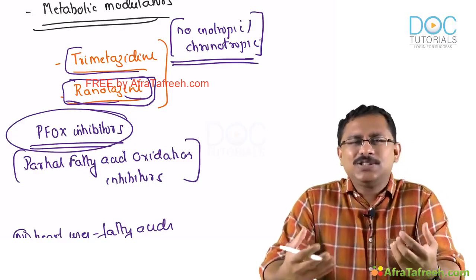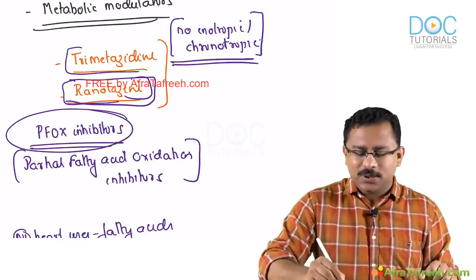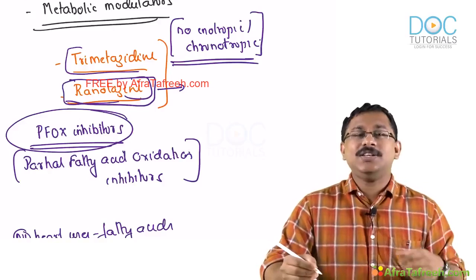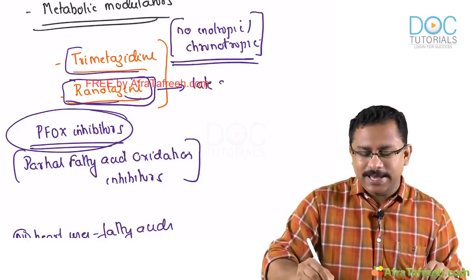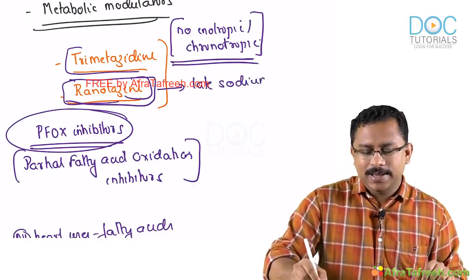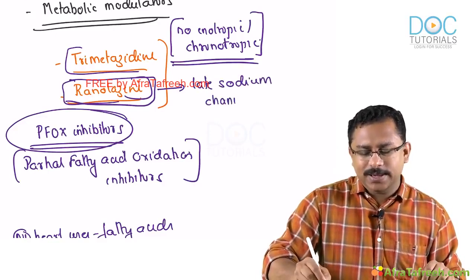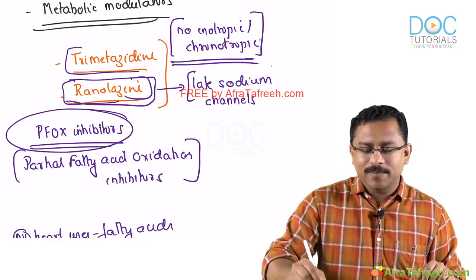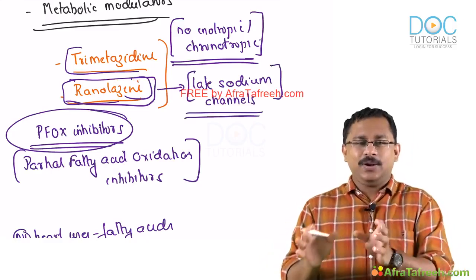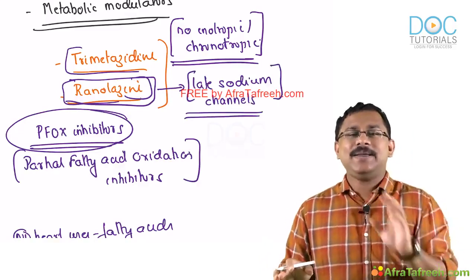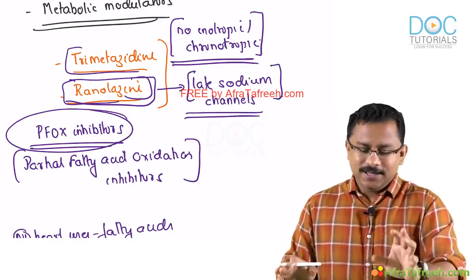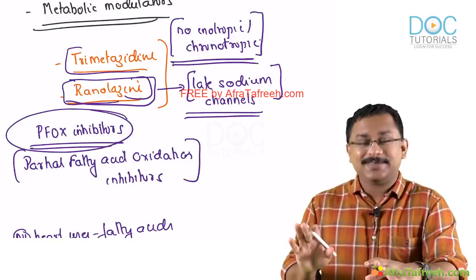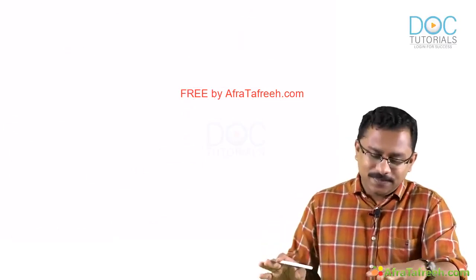Now it is understood that in addition, it also acts on the sodium channels. That is, the late sodium currents are affected by ranolazine, which is another major mechanism of action of ranolazine. All right, so you understood the metabolic modulators, trimetazidine and ranolazine.